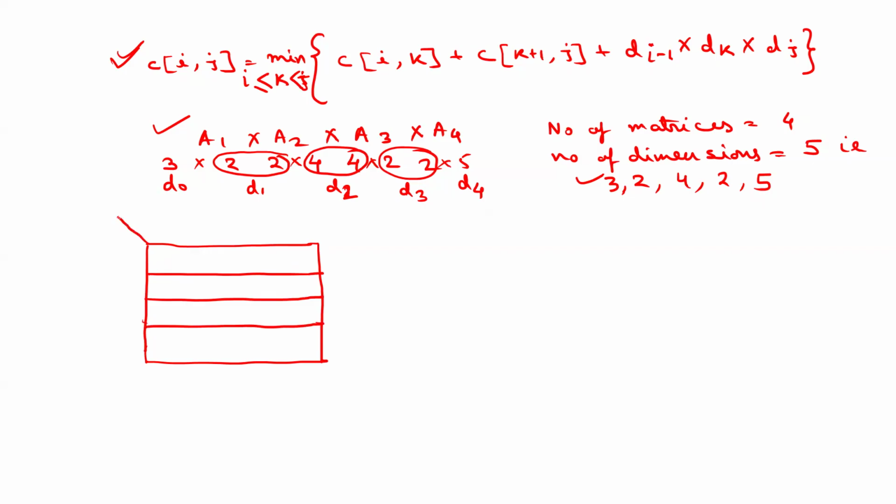So here this is for i and this is for j, and there are total 4 matrices: 1, 2, 3, 4. This is the M table, that is the cost table. And another table is the K table, or the S table.